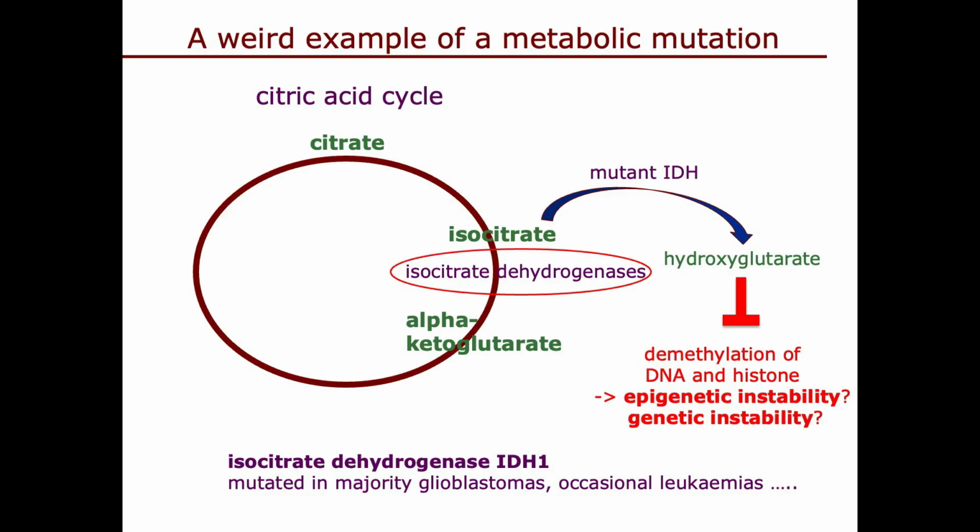And another possibility is that the methylation of proteins may also contribute to genetic instability by interfering with the DNA damage response. Whatever the consequences of this mutation are, they occur quite frequently in various human cancers, and clearly they make a difference. But they have nothing, as far as we can see, to do with the Warburg effect.